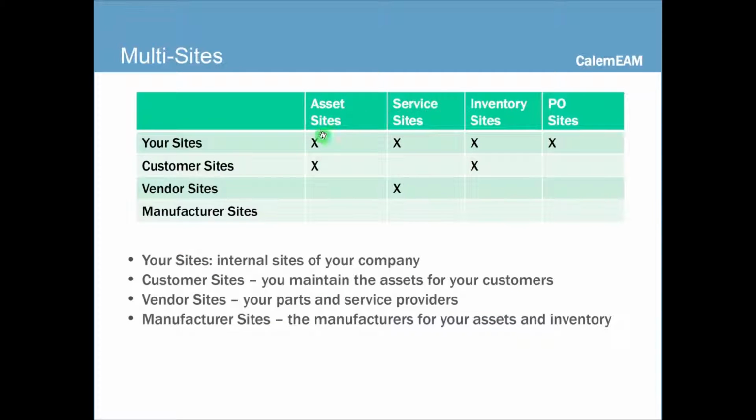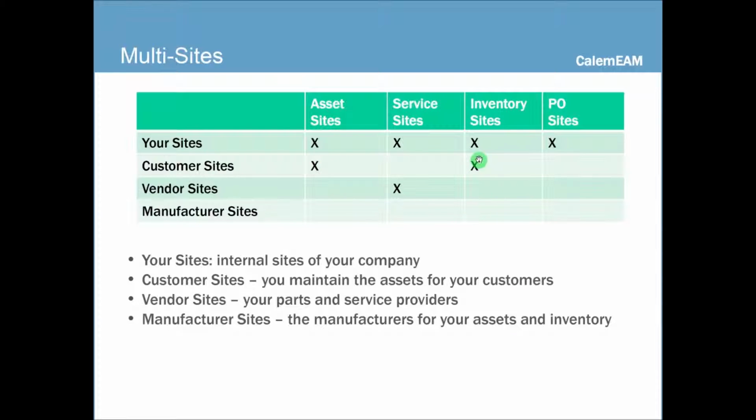So let's look at the functional classification of all these sites. Your company sites could be asset sites, service sites, inventory sites, and can also be PO sites. Your customer sites can be asset sites where assets are deployed, and can also be inventory sites.